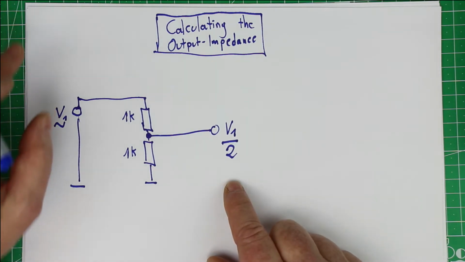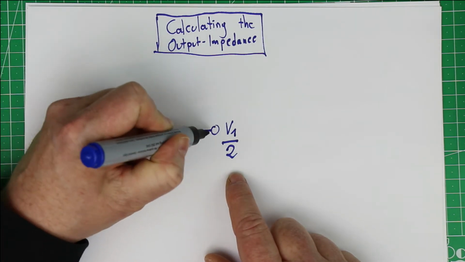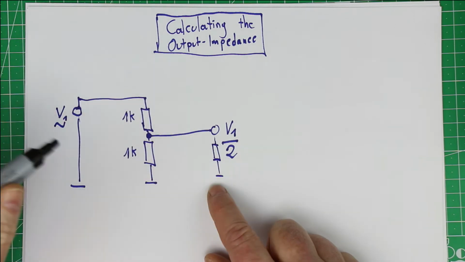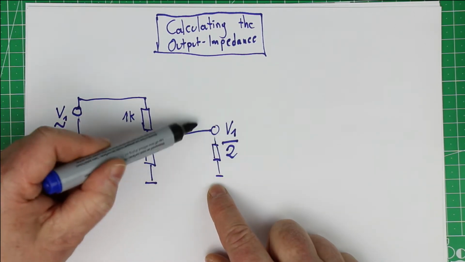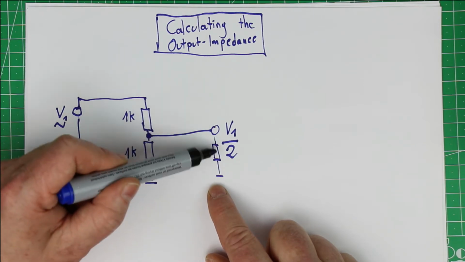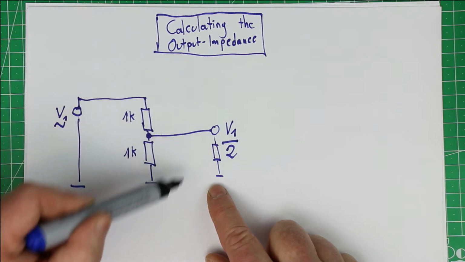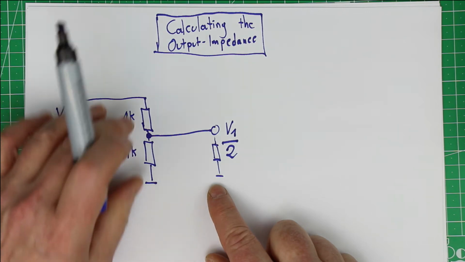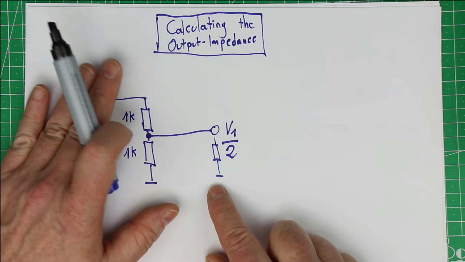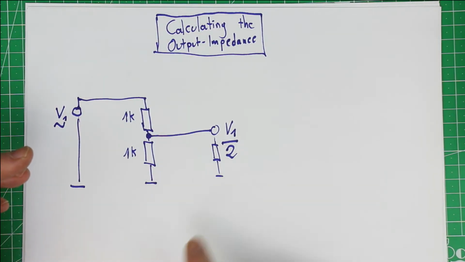So let's think again what we had before. We know that if we here have an external load, when the output voltage falls to 50% of its unloaded value, then the load that does this is exactly equal to the composite output impedance of any, however complex, circuitry that's here behind the output jack.